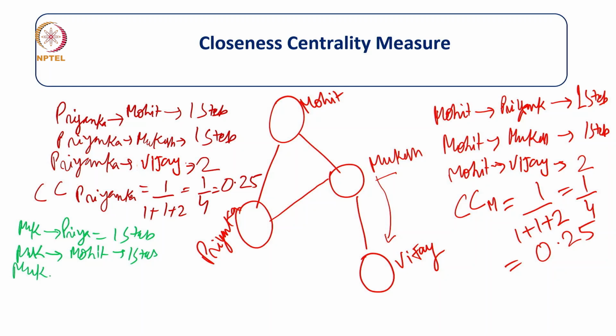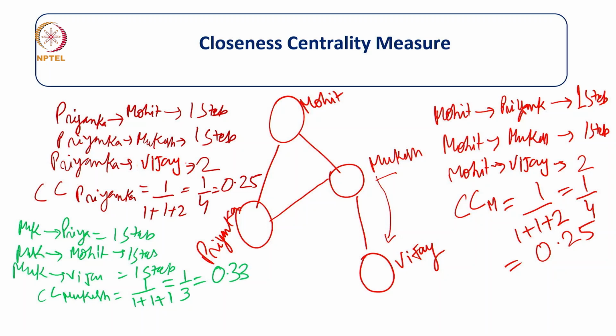Mukesh to Vijay, one step. Okay, and if we calculate the CC of Mukesh, it will be 1 upon 1 plus 1 plus 1, equal to 1 by 3, which is equal to 0.33.